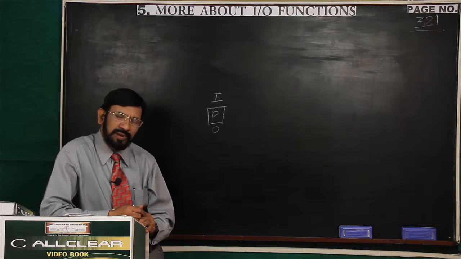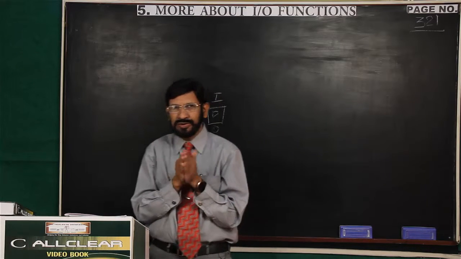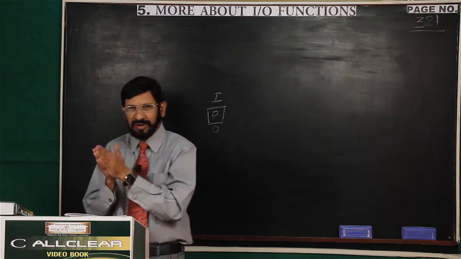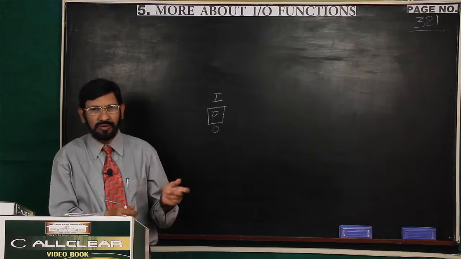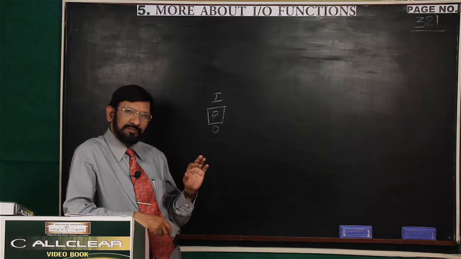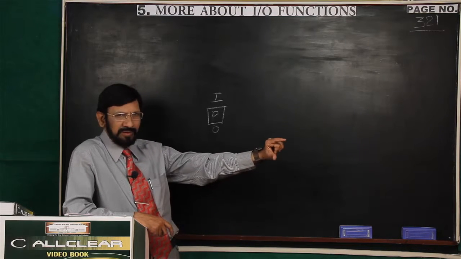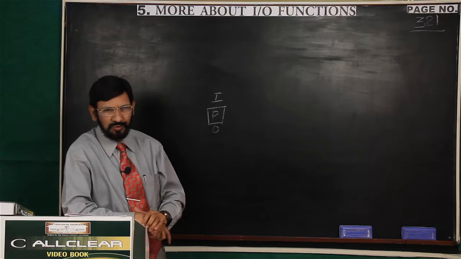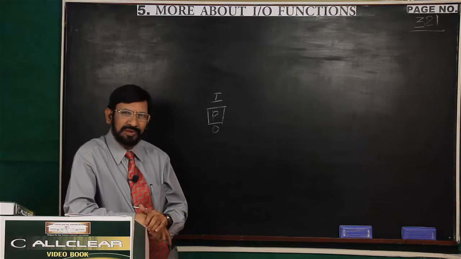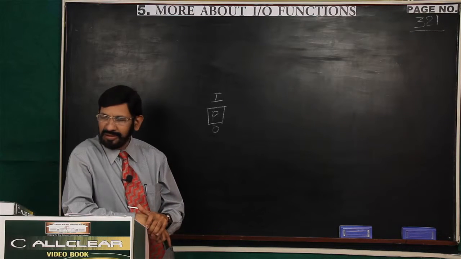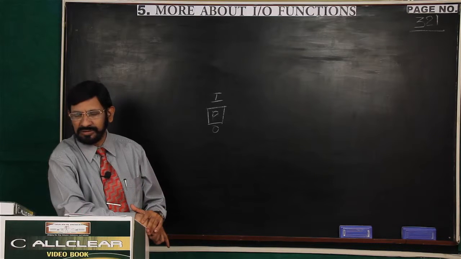Any program you take, more than 50% of the statements are input statements and output statements. Remaining are processing statements. As I told you already, processing for every program you have to perform uniquely. As far as input and output are concerned, once you learn and achieve mastery over that, for all programs more or less it is the same. That's why your job will be routine for the rest of the programs in this book.